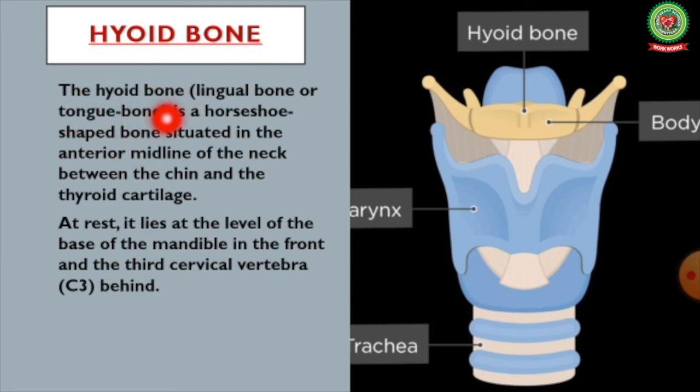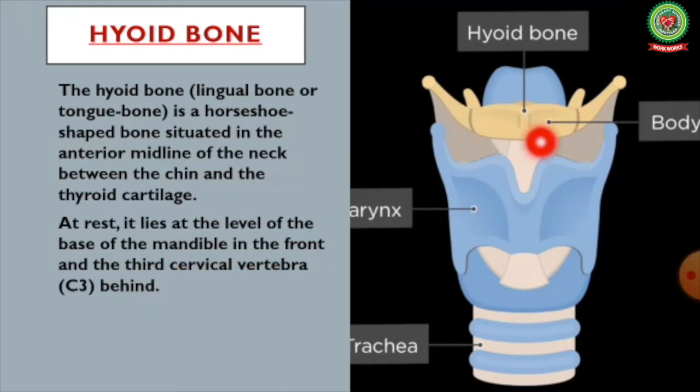The hyoid bone, also known as the lingual bone or tongue bone, is a horseshoe-shaped bone situated in the anterior midline of the neck between the chin and the thyroid cartilage. At rest, it lies at the level of the base of the mandible in the front and the third cervical vertebra behind.